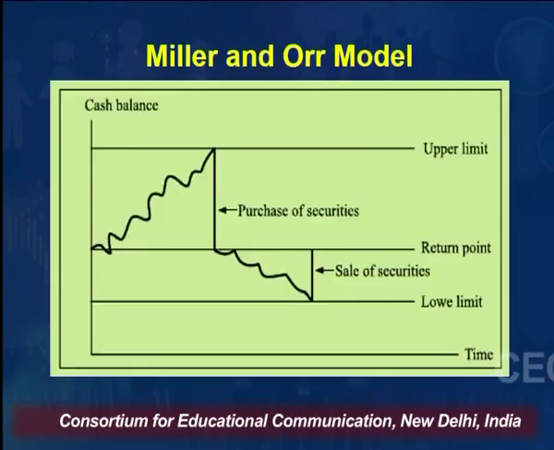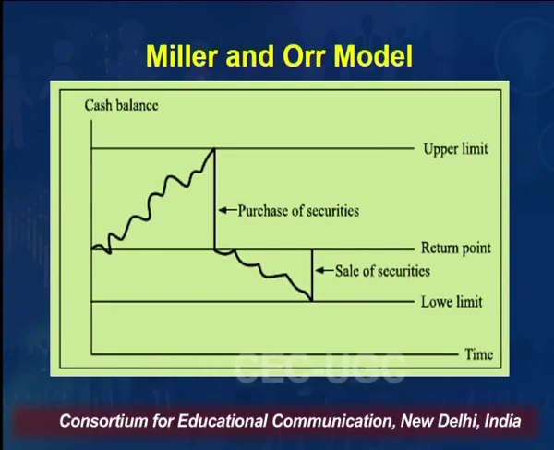Miller and Orr model can also be explained with the help of this diagram, where on x-axis we have time and on y-axis we have cash balance. So, we can see that from extreme left, when the amount of cash balance is increasing and you have excess amount of cash with you, in that case, we should go and purchase the securities.